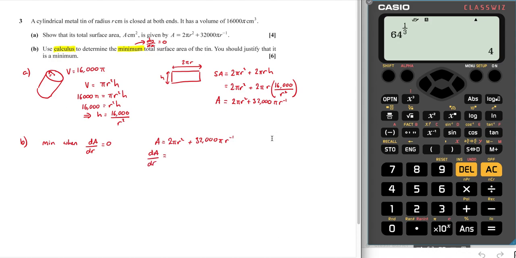So even if you haven't done the first part, you should be able to have a go at the second part. We've got 2 pi r squared, so I'm going to multiply by the power, so I'm going to have 4 pi r. Then I'm going to have minus, because I'm multiplying by the next power, 32,000 pi, and then I'm dropping that power by 1, giving me that.